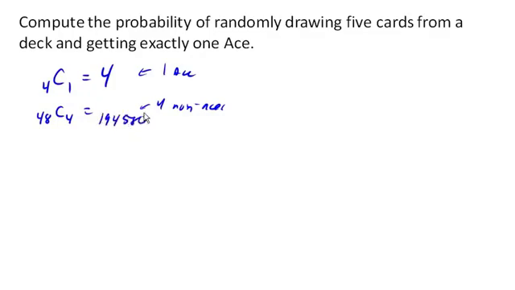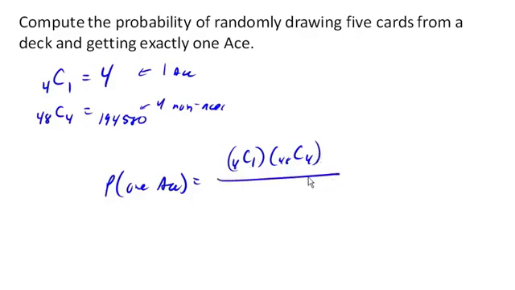So our final probability, our probability of exactly 1 ace, is 4 choose 1 times 48 choose 4. Again, that's picking 1 ace and 4 non-aces out of all the ways of picking 5 cards. That's 52 cards, and I choose 5 of them.